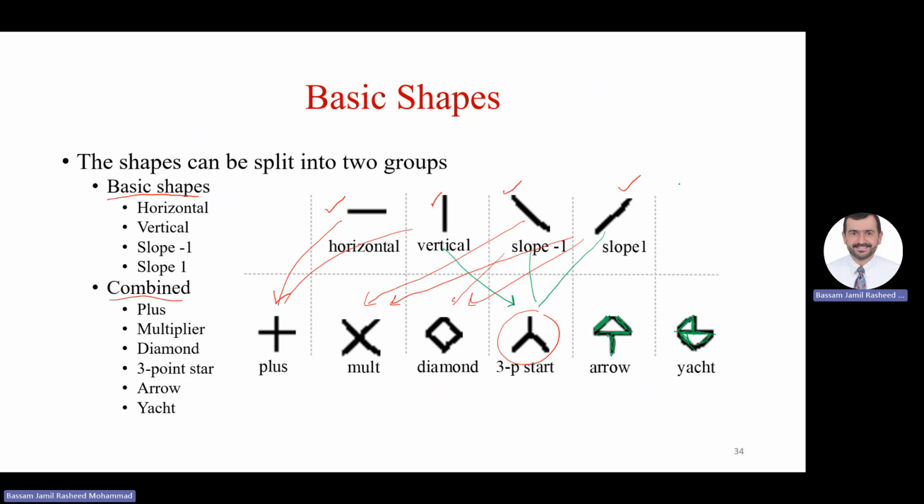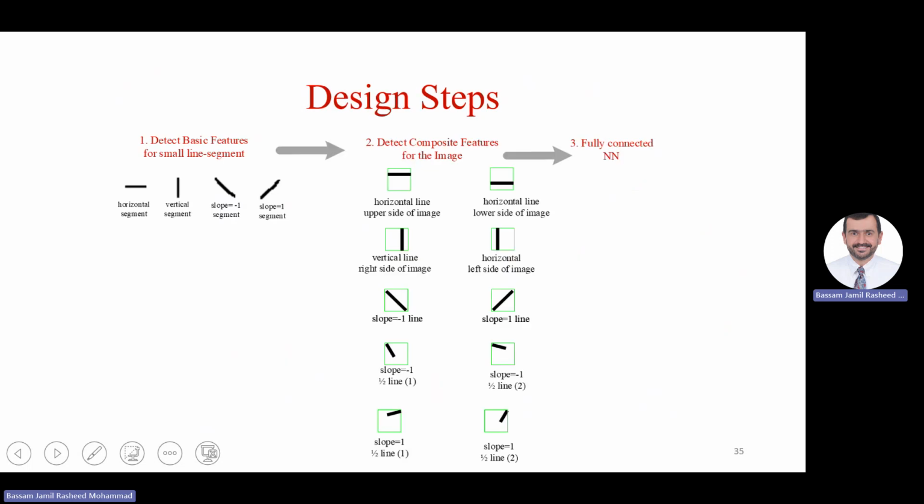So you can see that these are my basic shapes and these are my combined shapes. That leads me to design a convolution network with fixed kernels, fixed filters, fixed values. I'm not going to train them. And then extract these basic features.